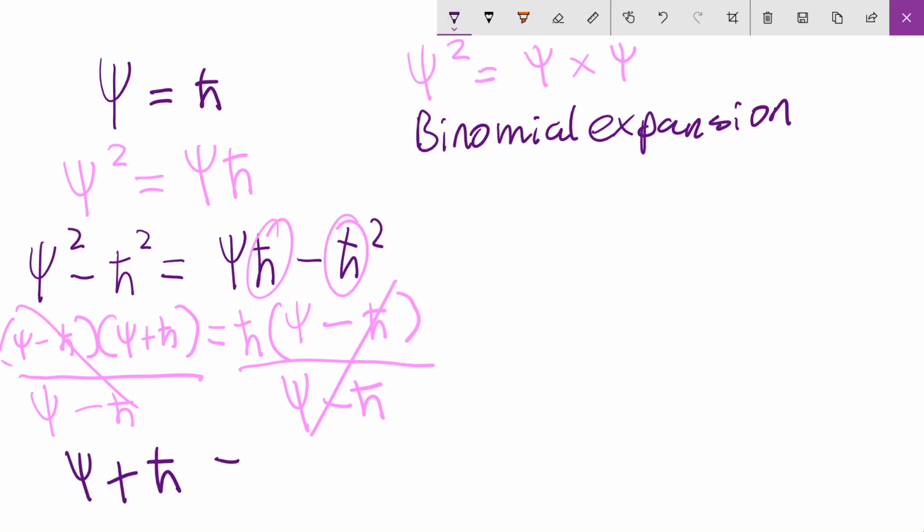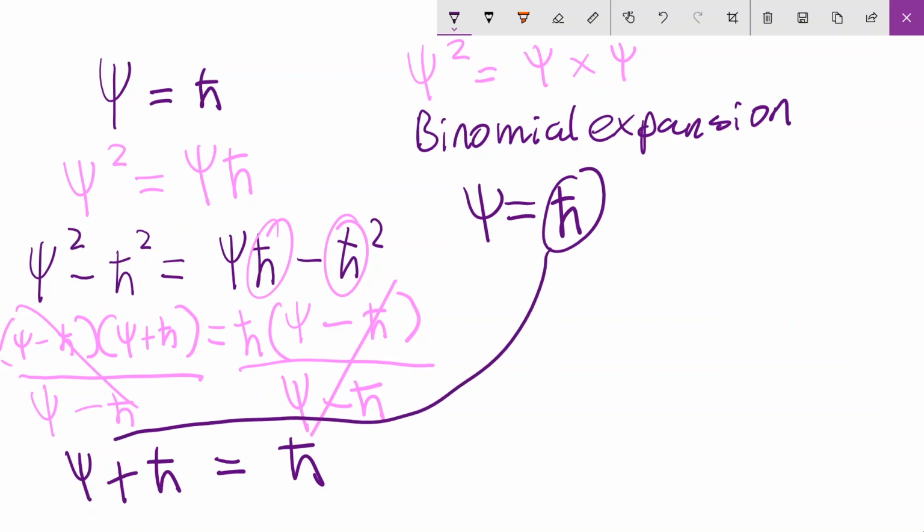Psi plus Planck's constant equals Planck's constant. And because psi equals Planck's constant, h bar, I'm used to physics stuff. Anyways, h bar equals psi, so we can substitute this into that. Right there. Alright, I'm just gonna write that arrow.